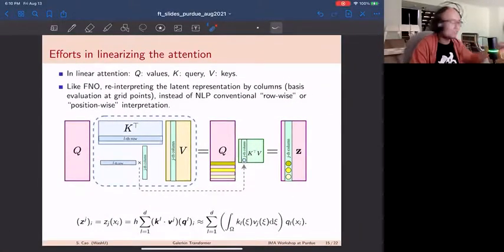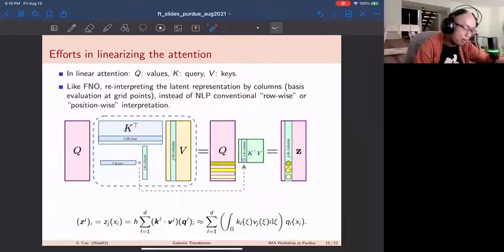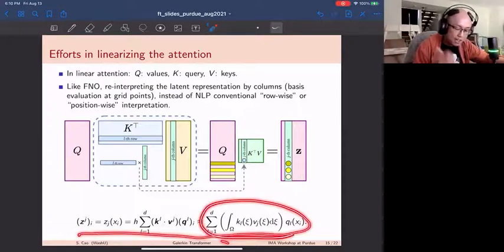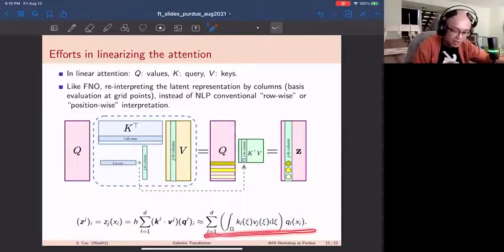Okay. So now, inspired by the Fourier neural operator, we linearize it in a very simple way. And we can see that when we linearize in this way, it can be represented by this type of Galerkin projection representation. So this is our trial basis, and this is our test basis.